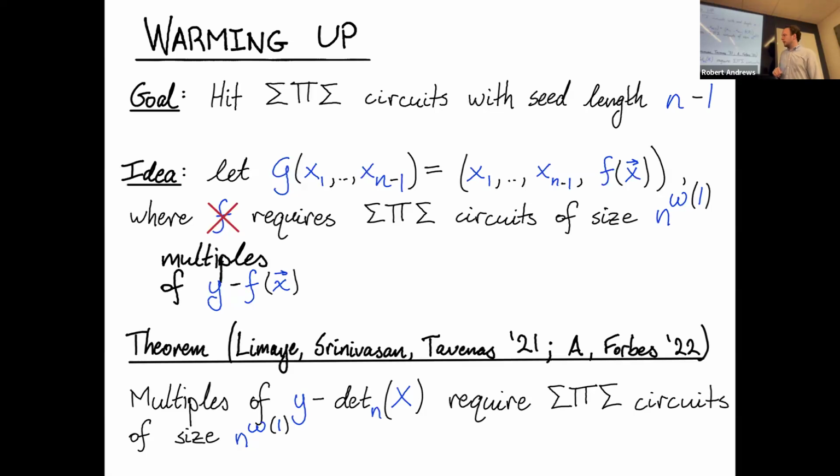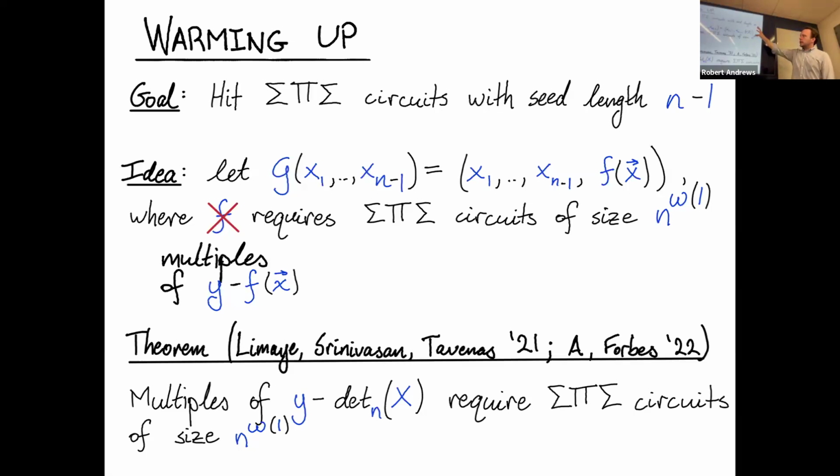You can show it, and don't ask me how, I can tell you later, it's not straightforward, but multiples of y minus the determinant actually require large depth 3 circuits. And this is using some special properties of the determinant. We don't know if this is true in general: that if a polynomial requires large depth 3 circuits, then its multiples also require large depth 3 circuits. Not clear if that's true in general.